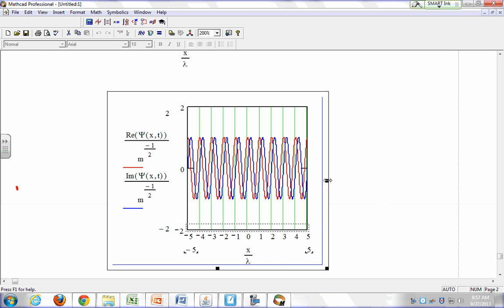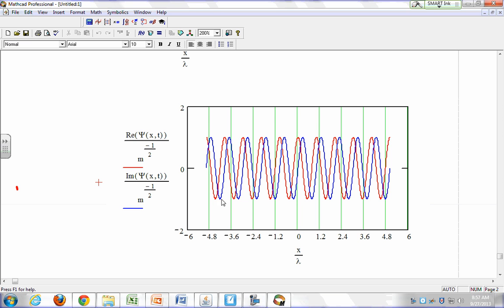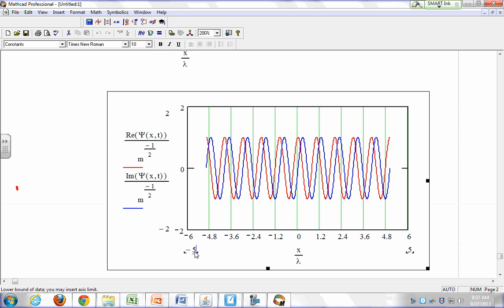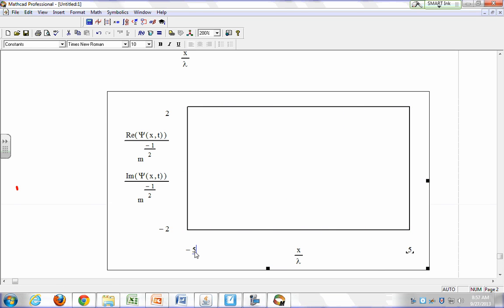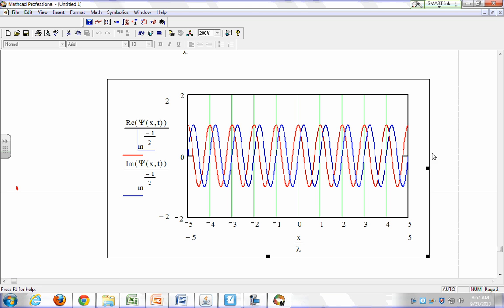Okay, let me stretch this one out. Oops, what happened? I need to set the limits here from -5 to 5. There. Okay. So I've got 10 grids.